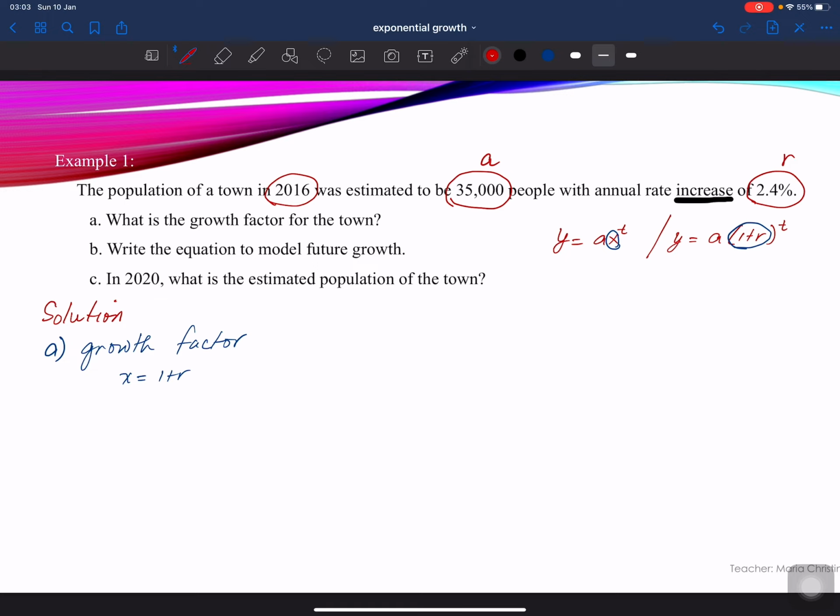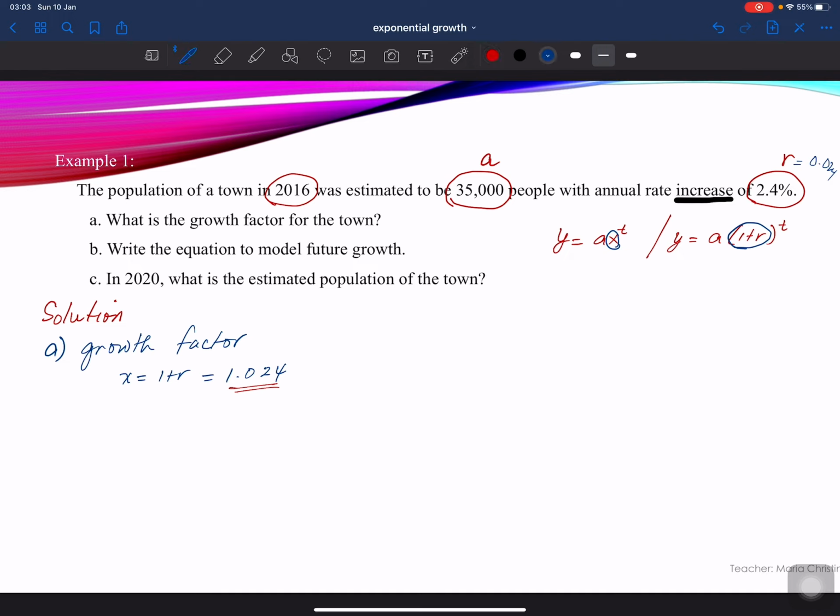Now 2016, later we will go back to that. Let's have our growth factor first. So this is equal to 1 plus your r is just equal to 0.024. Okay, so you will have 1.024, and this is your growth factor.